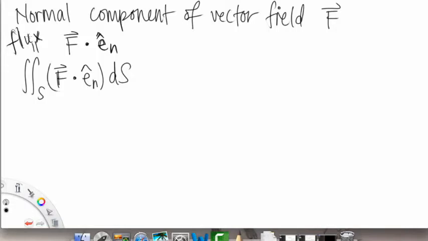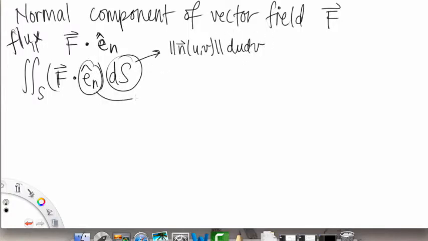This is finding the normal component of vector field F. Remember how before our dS, the elemental surface area, the change in our area, was equal to the magnitude of the normal vector, du dv. We now know that this is equal to the normal vector divided by its own magnitude, in u and v.